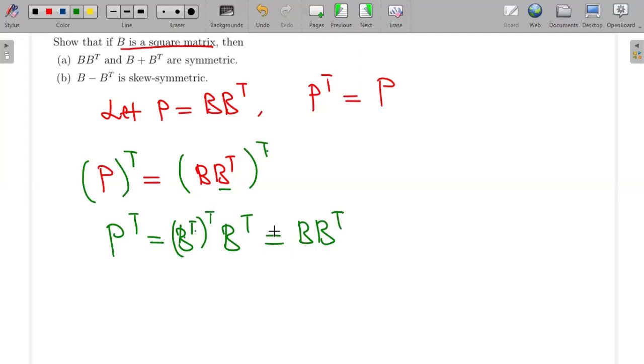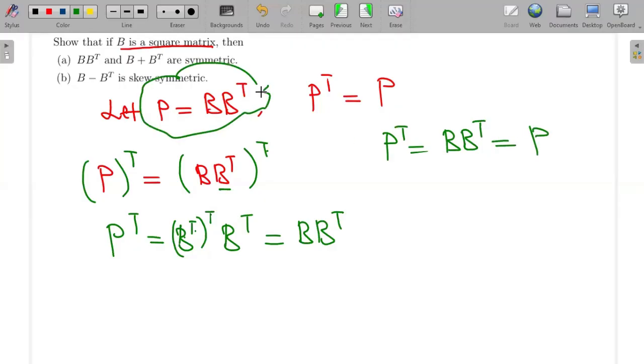So what can we see there? We can clearly see that P transpose is equal to B times B transpose, which is the same as P. Because initially we had said P is this, and then we are finding that P transpose is also equal to this. So P is equal to what? P transpose.